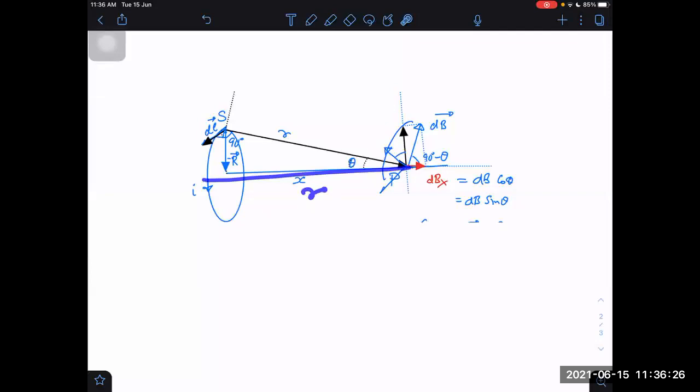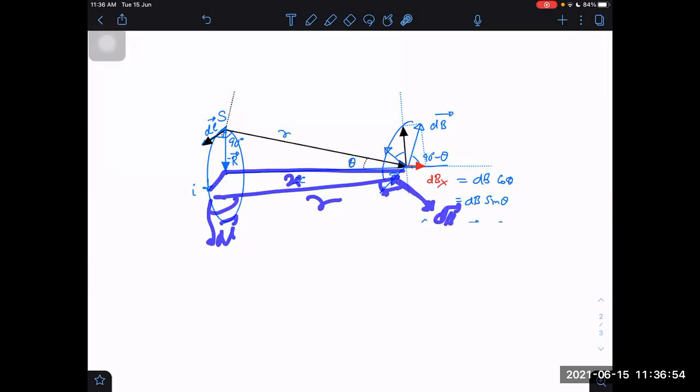So a vector which is perpendicular to r and lying in the xz plane will definitely have a z component also. This is x, this is r. If I take it perpendicular to r, like this maybe, because dl cross r will be perpendicular to r also. dl is downwards, so dl cross r will be this side. Now we can see clearly that it will have a z component also, not only y.